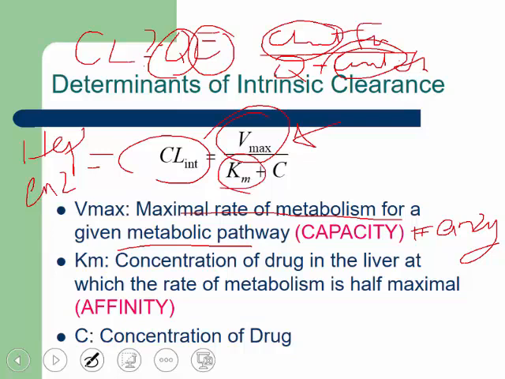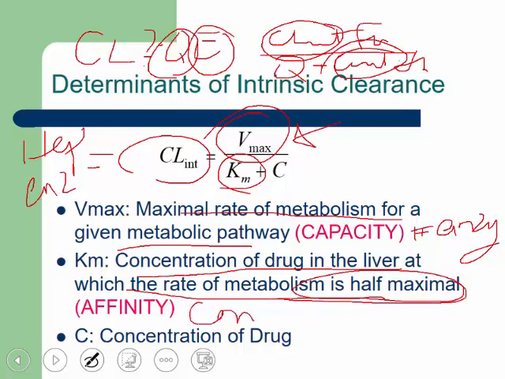The Km is about the affinity. It's the concentration of drug in the liver at which the rate of metabolism is half maximal. So it's the concentration where you're at half Vmax. It's the same thing as every other Michaelis-Menten, and obviously C is for the concentration of drug.